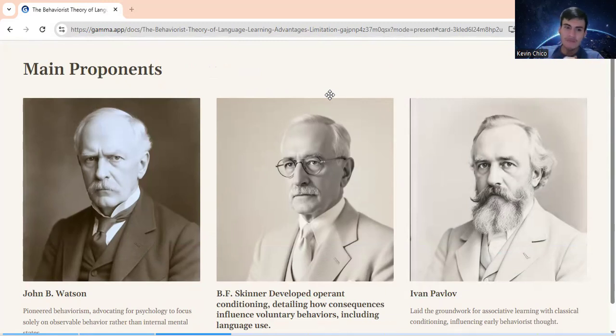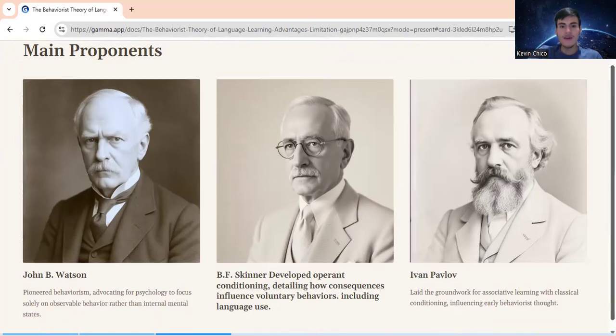Because he is the pioneer in behaviorism, advocating a psychology focused on observable behavior rather than internal mental states. B. F. Skinner developed operant conditioning, detailing how consequences influence voluntary behavior, including language use. And finally, Ivan Pavlov laid the groundwork for associative learning with classical conditioning, influencing early behaviorist growth.